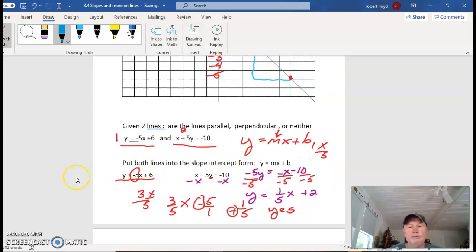Let's move on down here. Given two lines, we have to determine whether they're parallel, meaning the same slope, or they're perpendicular, negative inverses of each other.